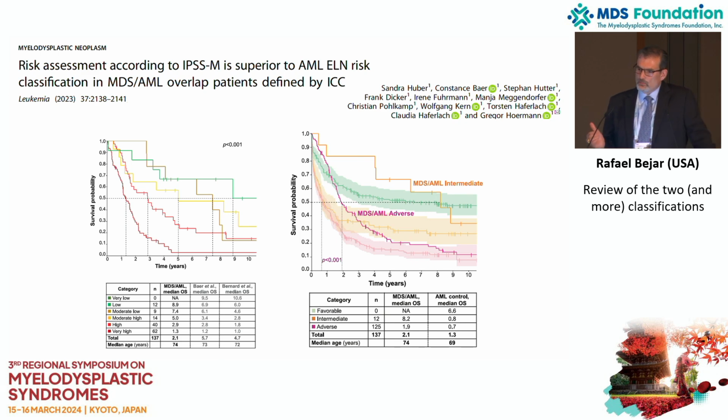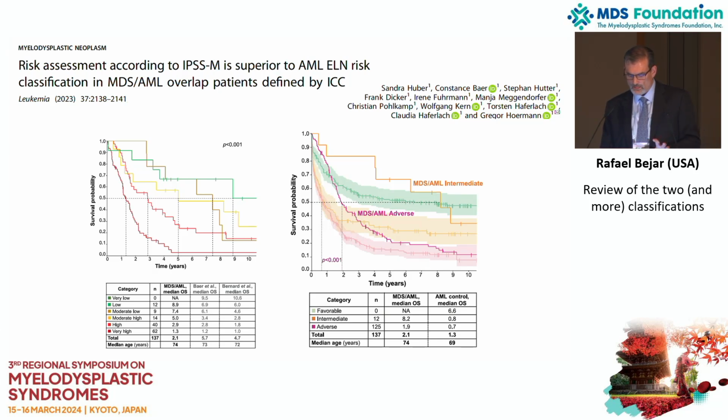The outcome was much better for the MDS-AML group than it was for the corresponding risk group in the AML category, suggesting that there is a distinction. Of course, if you just took the average survival of MDS-AML and compared it to the average survival of AML, they look very similar, but that's because we don't have any favorable patients at all in the MDS-AML group.